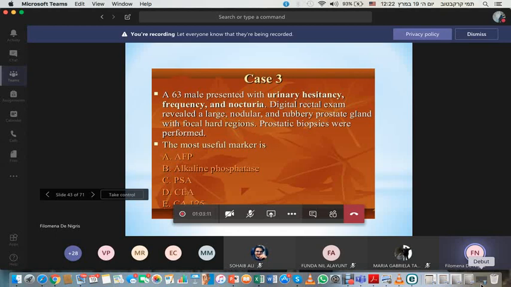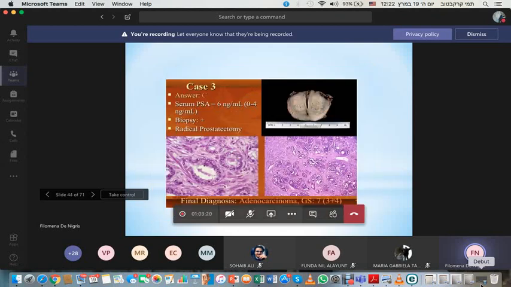Of course, if we have a male and after rectal examination, we can ask to have PSA and also ask to have a biopsy to monitor again with the specific marker.